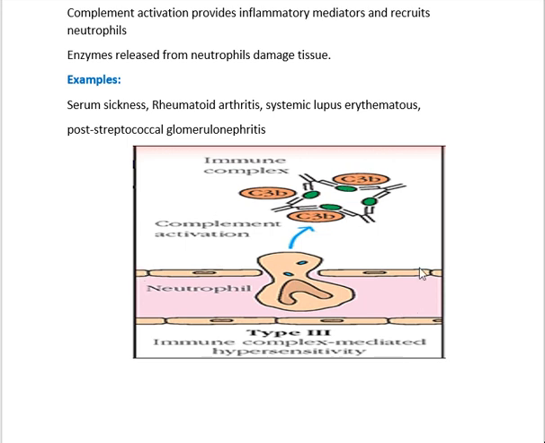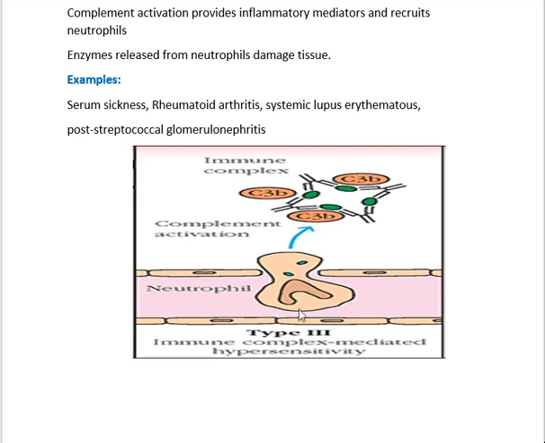This induces an inflammatory response mediated by massive infiltration of neutrophils in the circulatory system.